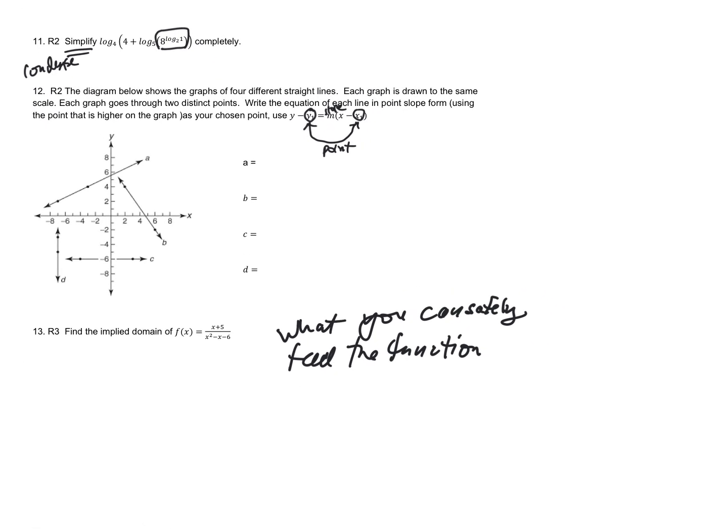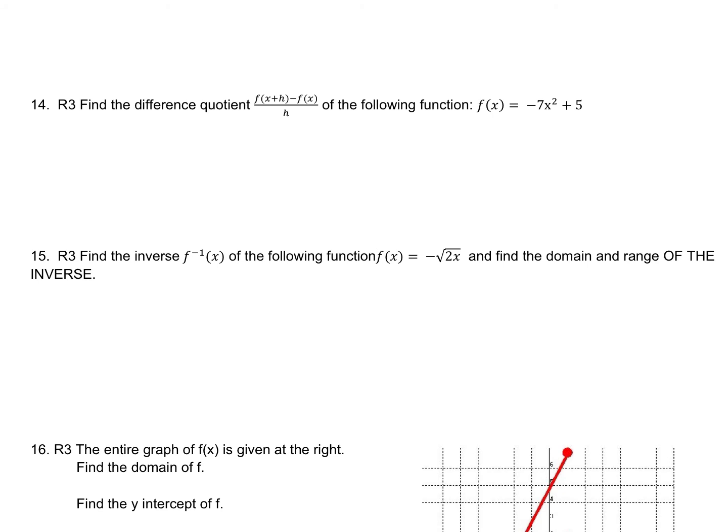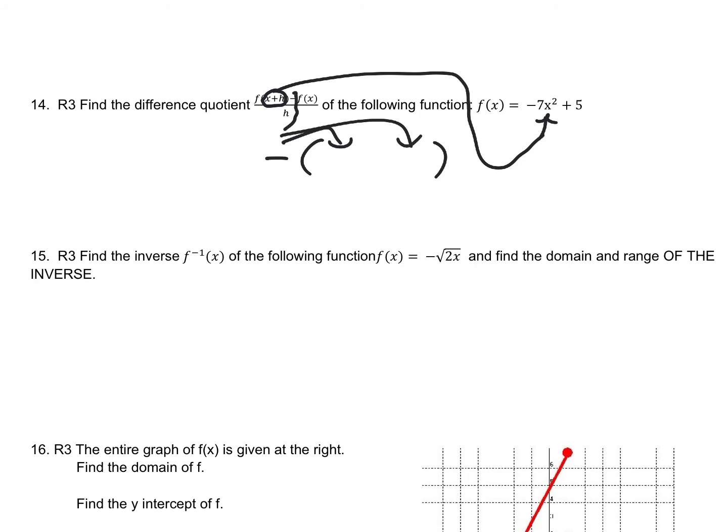All right, moving on to number 14. On number 14, you stick x plus h into the function, then you subtract this function. It's really common to forget the parentheses around that function. So first you stick in x plus h, then don't forget that you've got to put a negative here.